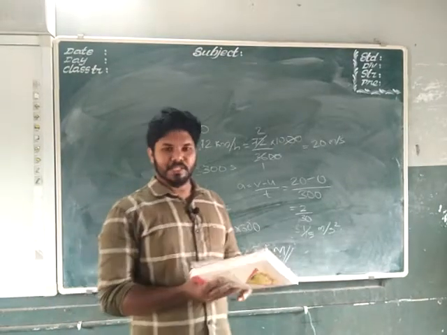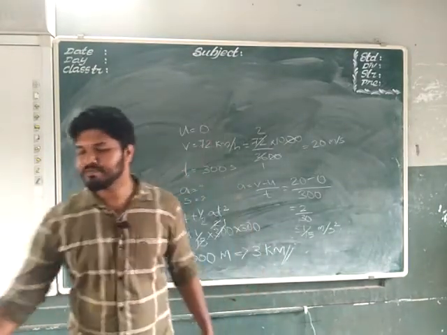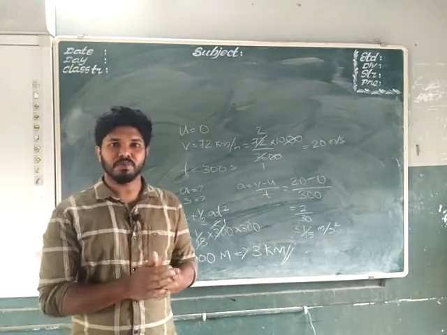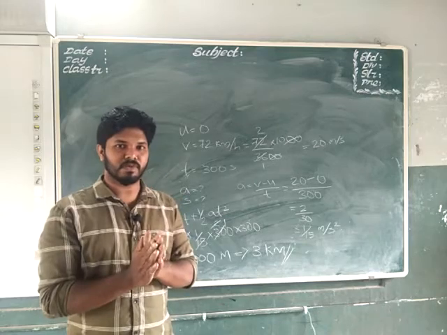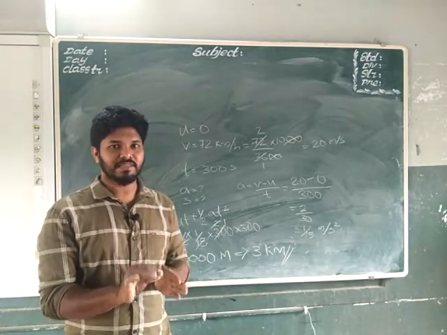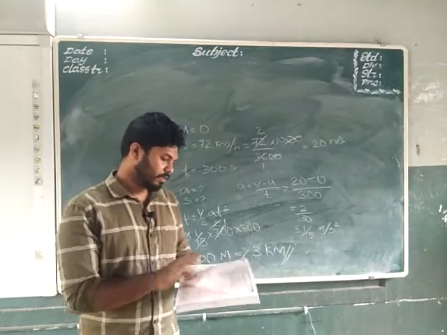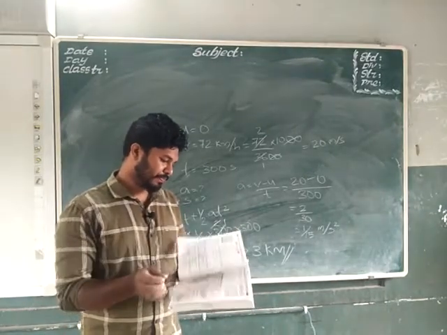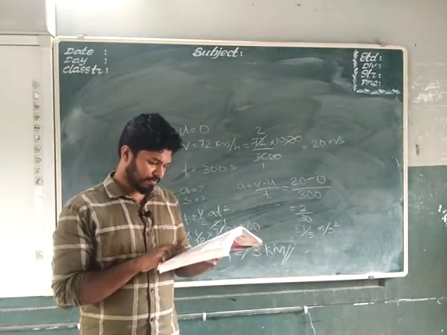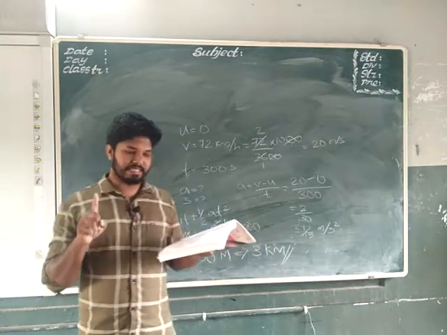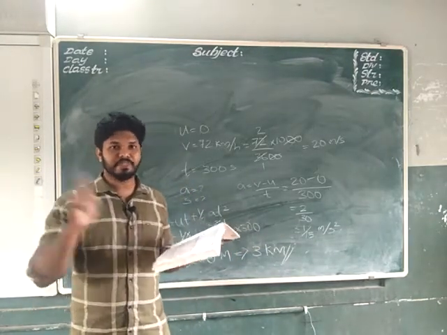So I hope this section is clear for you. When you are watching this video, just pause on some questions. You will be having doubt on some questions. Pause on that question and read it again. For example, this question number 8: acceleration of 6 meter per second square in opposite direction.